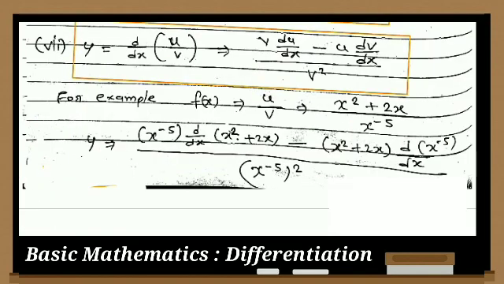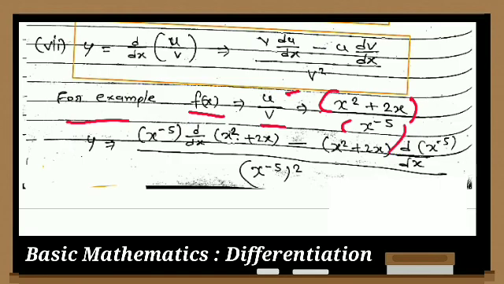Now we can see an example here. For example, if f(x) equals u upon v equals x square plus 2x upon x minus 5. The value of u is x square plus 2x and the value of v is x minus 5.